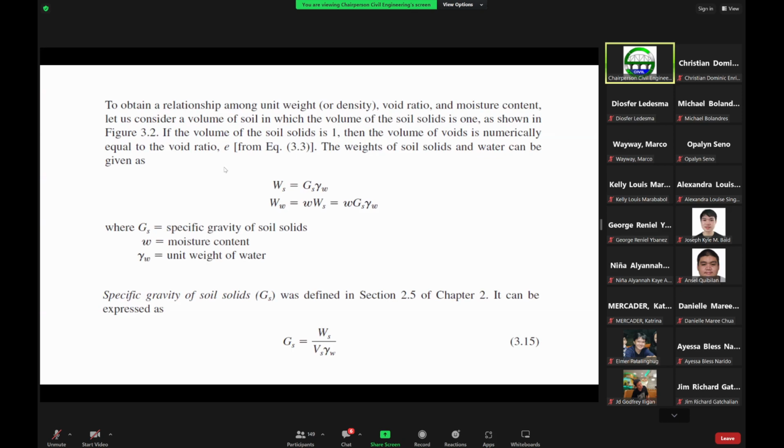With this, the weights of the soil solids and the water are now given by these two equations, wherein the weight of the soil solids is equal to the unit weight of water times the specific gravity of the soil solids.